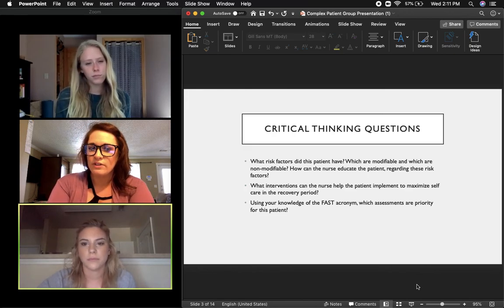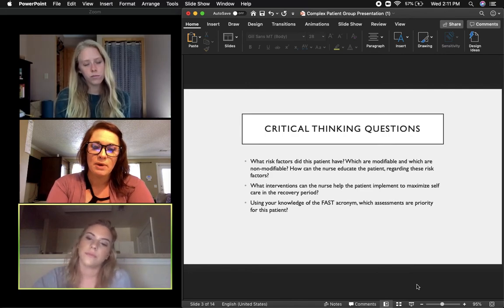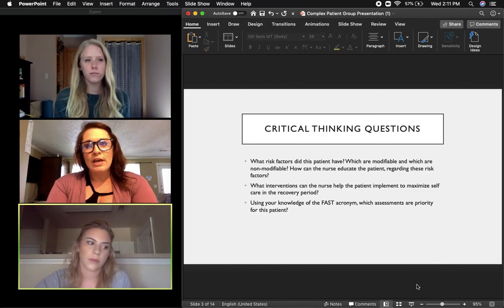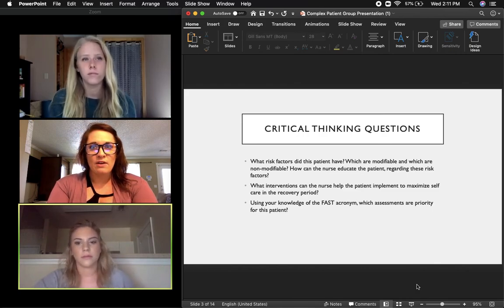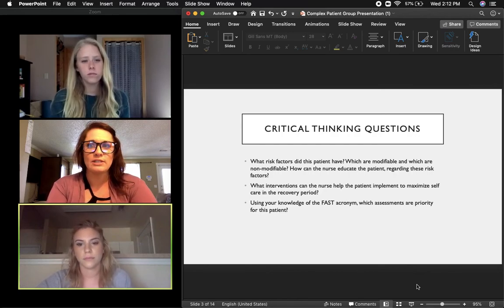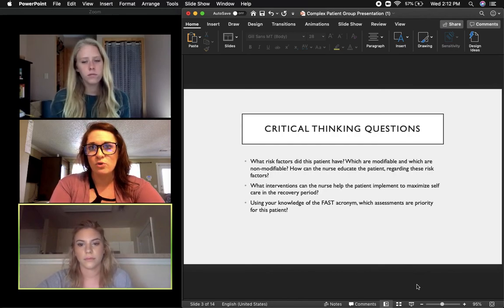Next question: what interventions can the nurse help the patient implement to maximize self-care in the recovery period? Nursing care overall has a significant effect on patient recovery. When a stroke occurs, many of the body systems are impaired as a result, so fast and efficient care can prevent life-altering complications.